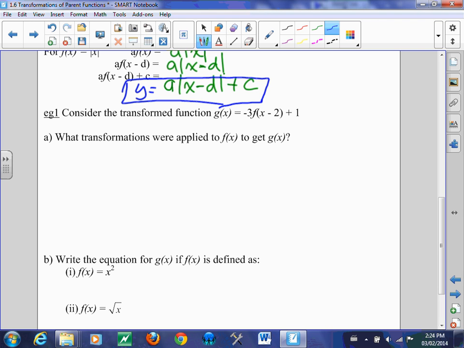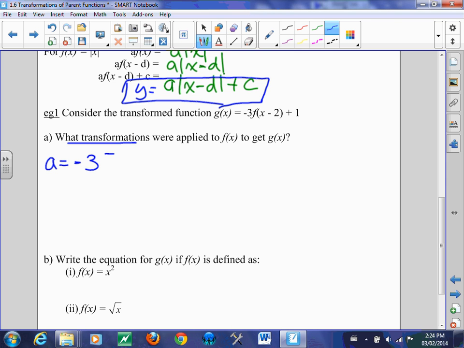Okay. So what do we know from here, ladies and gentlemen? Well, based on this, we're not told what the parent function is because it's got f of x in it. But I can identify what transformations were applied. So, first of all, a is what value? It's -3. What does that tell us?